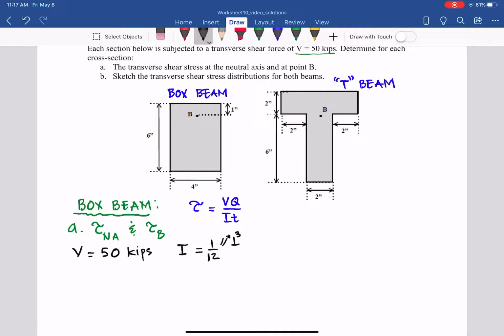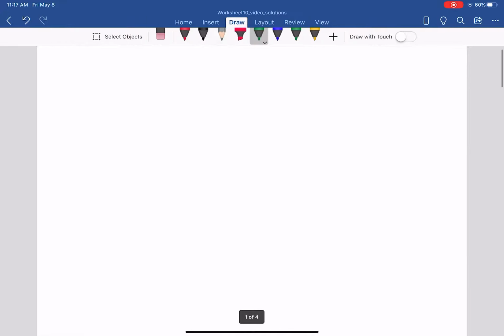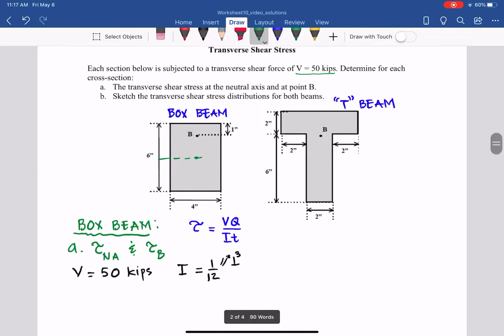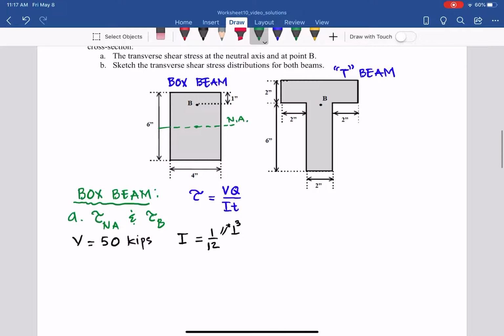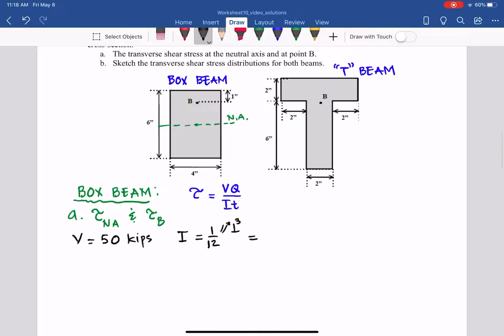All right. So the neutral axis with that beam, we already know, because it's a rectangle, it's easy to find: the centroid is at the center of the rectangle, and the neutral axis goes through here. So from that we can plug in the I. It equals basically BH cubed over 12.